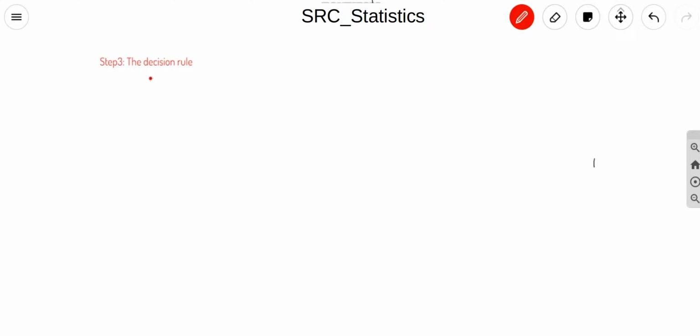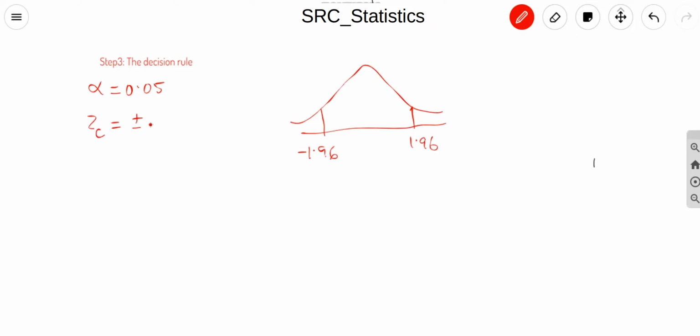Step 3 is the decision rule. Given alpha equal to 0.05 and this is a two-tail test, the critical value will be at both tails of the standard normal curve, that is the Z curve. For alpha equal to 0.05, the critical value of Z is Zc equal to plus or minus 1.96.